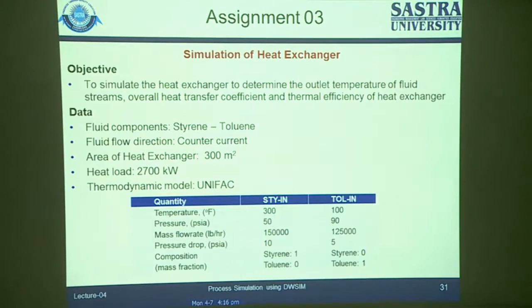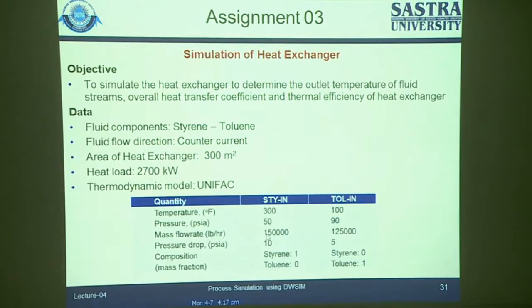We have chosen a counter current heat exchanger, and the heat load and the area are specified in the problem statement. Let me read the problem statement. To simulate the heat exchanger, to determine the outlet temperature of the fluid streams, the overall heat transfer coefficient and the thermal efficiency of the heat exchanger. We have the same styrene inlet and toluene inlet streams: 300 degree Fahrenheit for styrene, 100 degree Fahrenheit for toluene. Styrene is at 50 psi, toluene is at 90 psi.